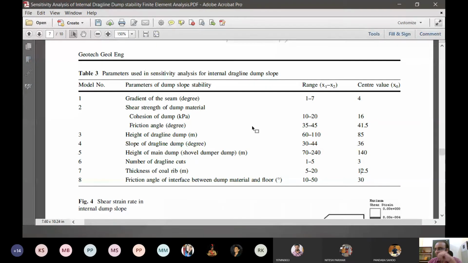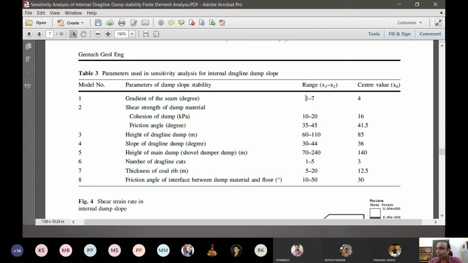So in this case, how we did was we basically changed each of these parameters, and we found for each case what is the factor of safety. So this was a tedious work that we had to do, right? We had to change for so many models.